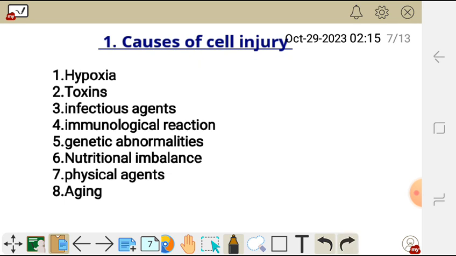Then physical agents. Physical agents, we're talking about the increase in temperature, we're talking about trauma. So all those are physical agents.